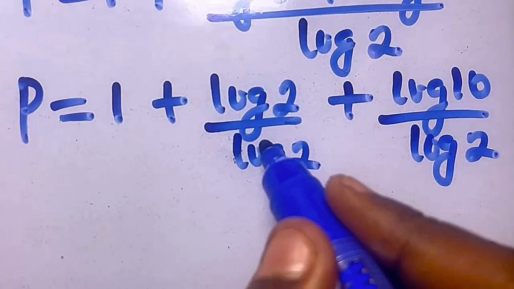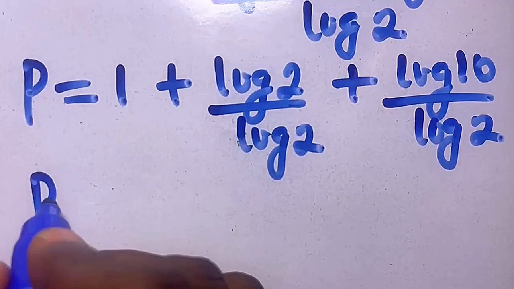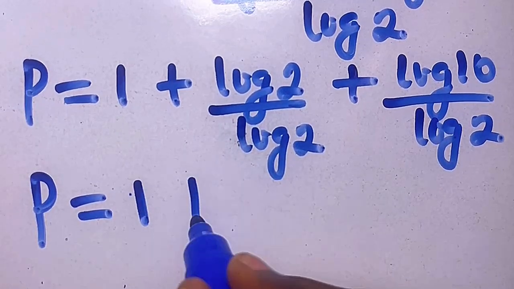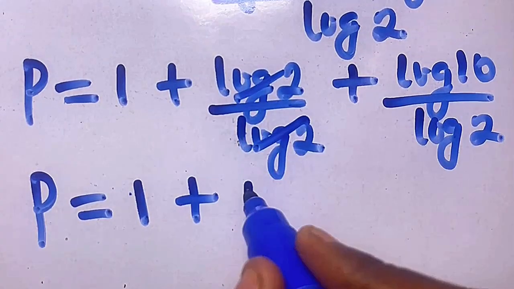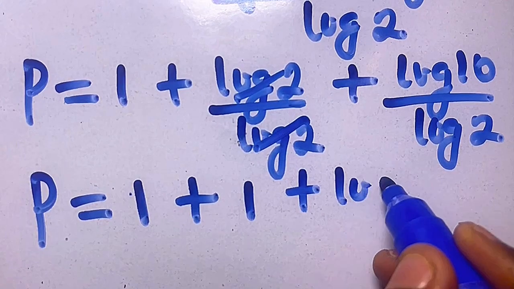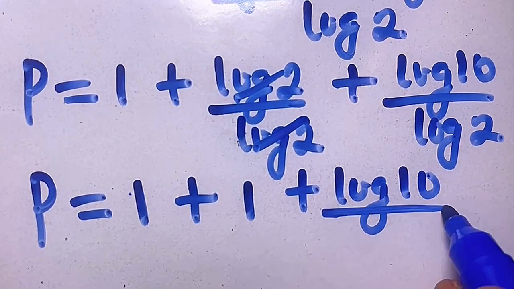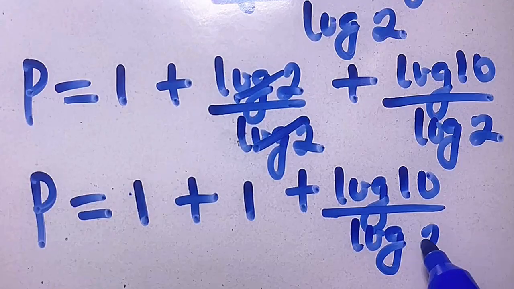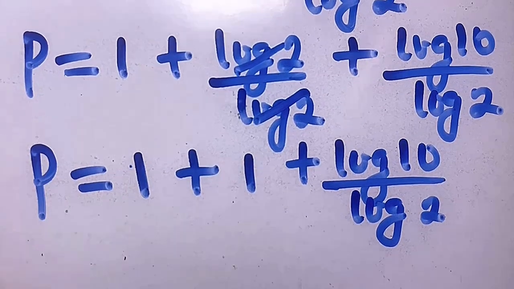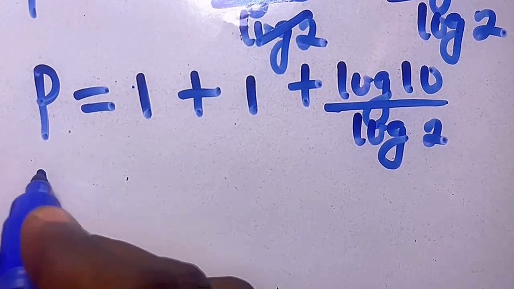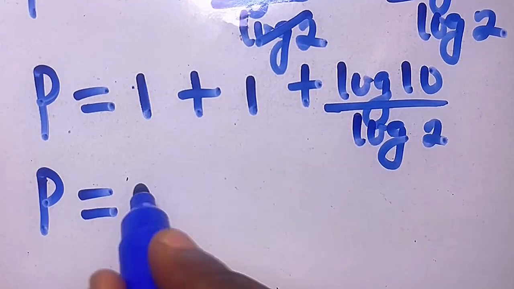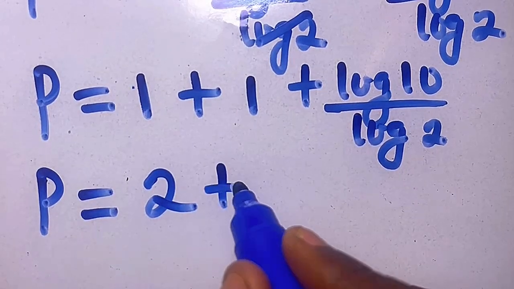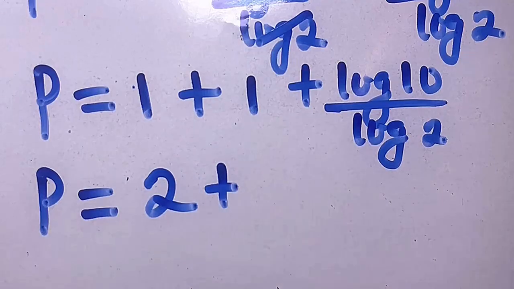Again, this also becomes 1. So we have p equals 1 plus 1 plus log 10 divided by log 2. Therefore, we will have p equals 1 plus 1 will give us 2 plus log 10 divided by log 2. Again, look at here.